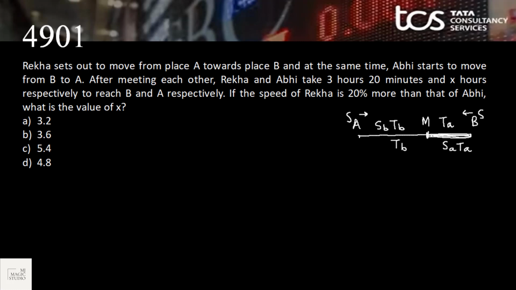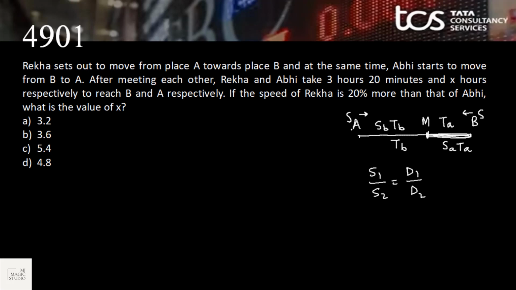Now as far as the meeting point concept is concerned, we know that S1 by S2 is equal to D1 by D2. If two people are approaching towards each other, if they have started at the same time and if they meet at a point M, then their speed ratio is the same as their distance travelled ratio.